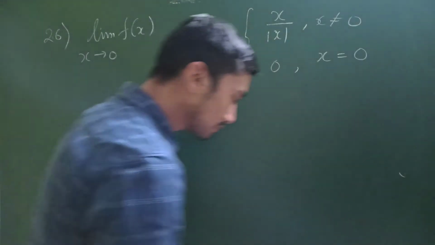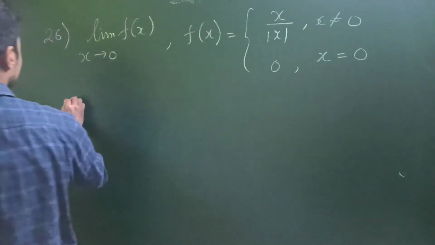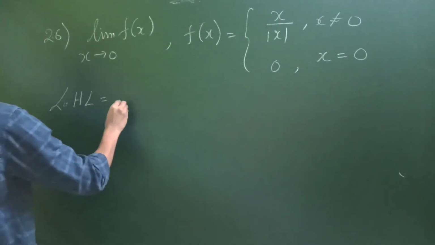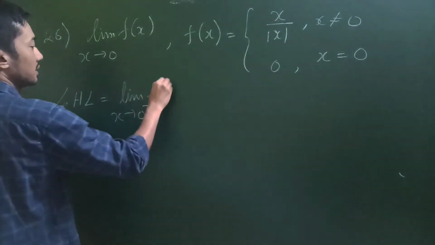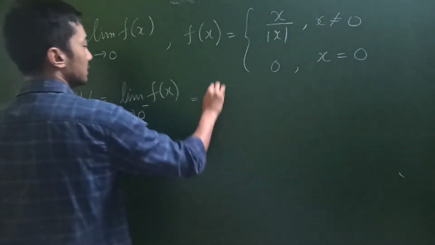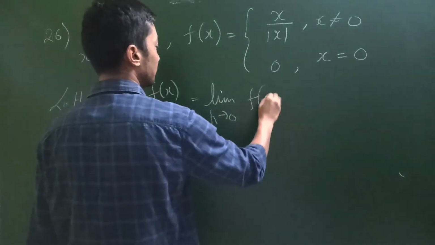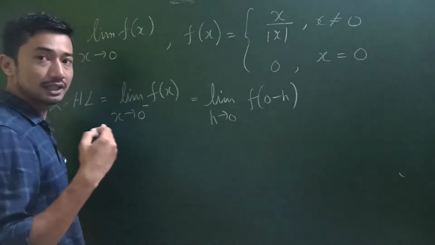Now let's see what we have here. Let's try to find out quickly the left hand limit. It's going to be limit of the function as x tends to 0 minus f of x. So that's going to be as h tends to 0, changing the interval, f of 0 minus h. 0 minus means slightly less than 0.